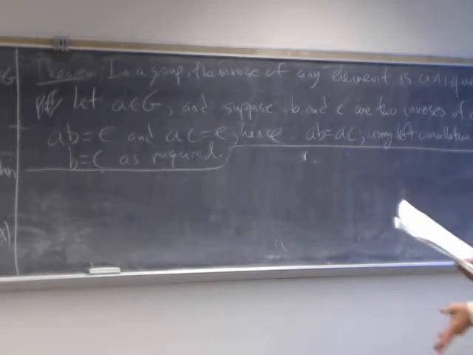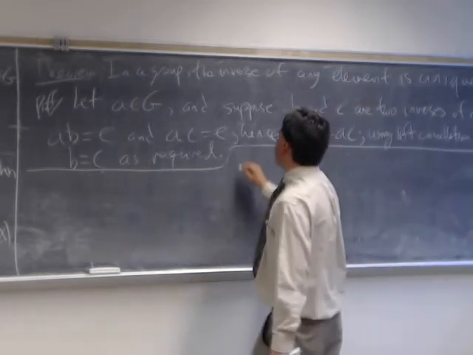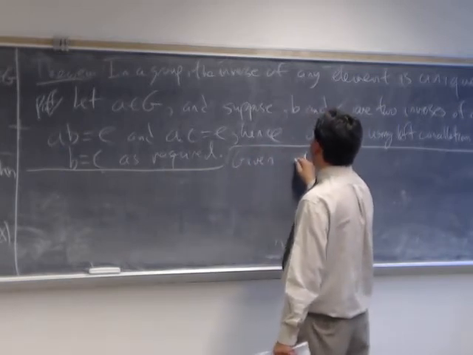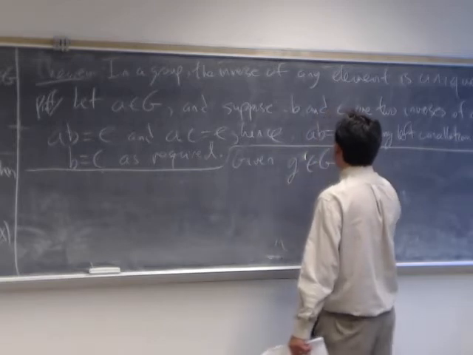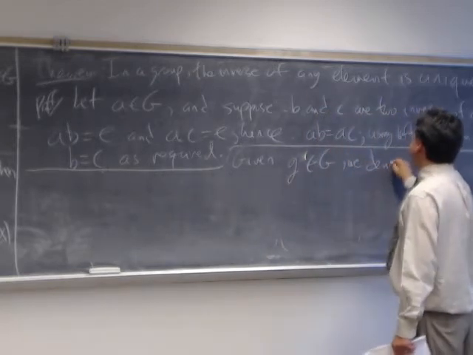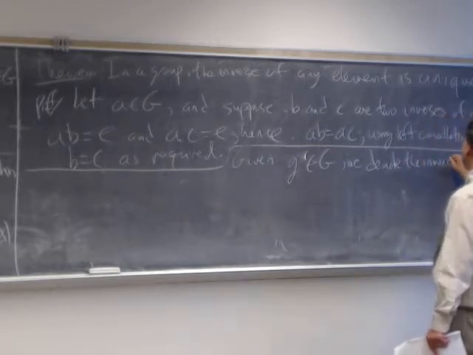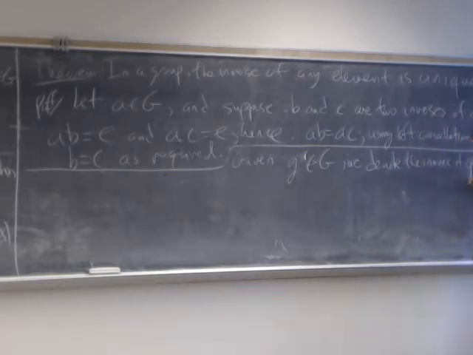And so now, because the inverse is unique, given G in the group, we denote the inverse of G by G inverse.